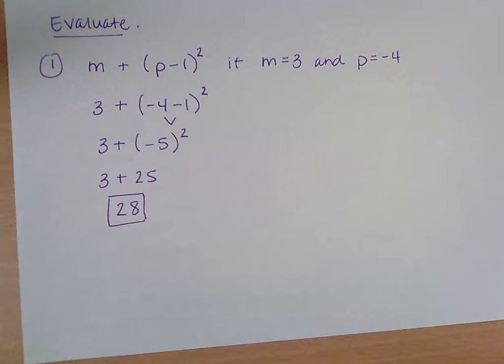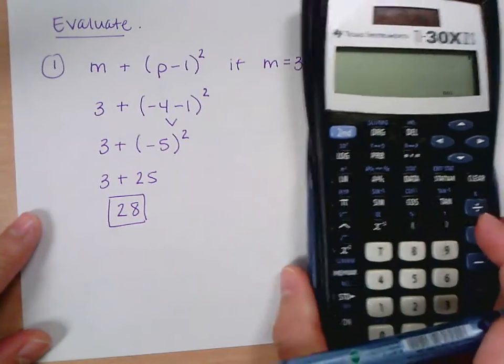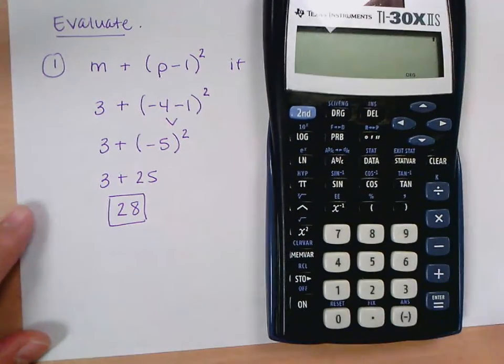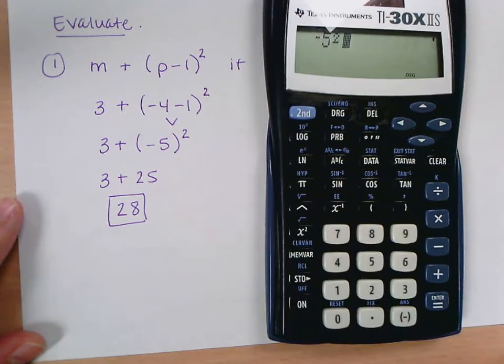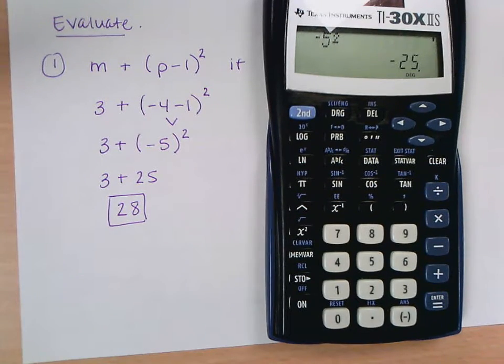This is also an easy mistake that is made when we just get into the mode of typing things in our calculators and then not really paying attention to the answers we get and whether or not they make sense. If I just type in negative 5 squared, my calculator tells me it's negative 25. Yes, you need the parentheses.